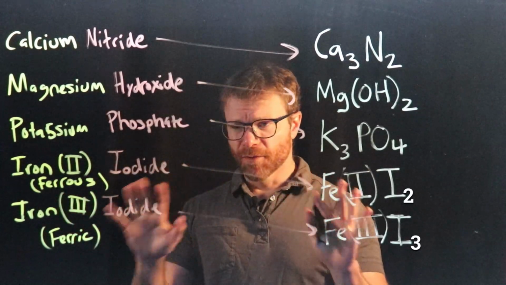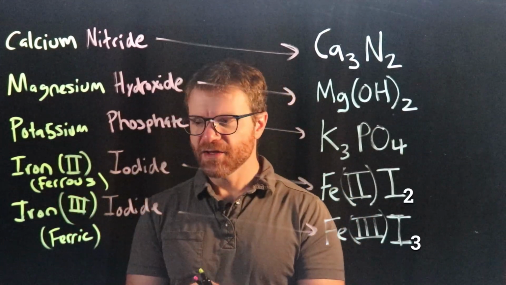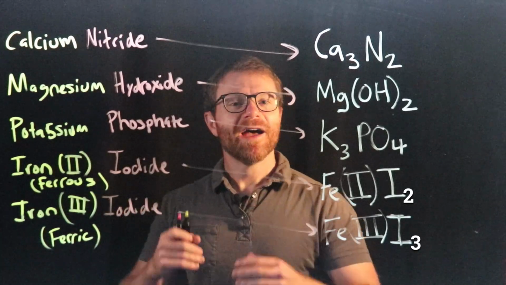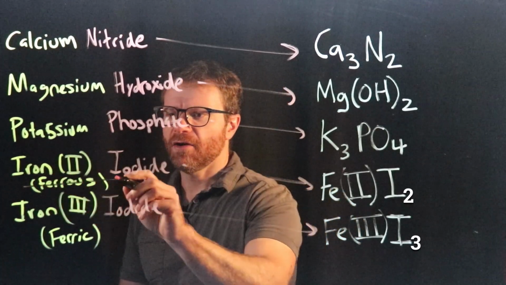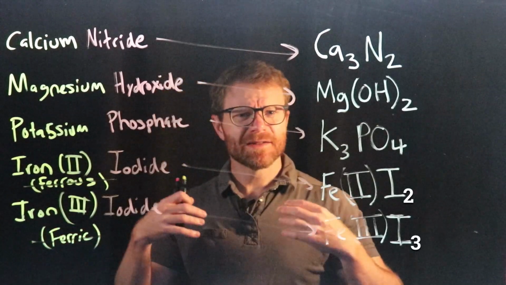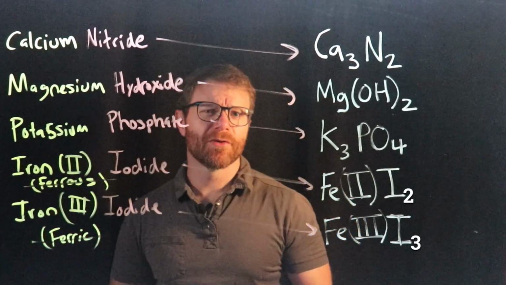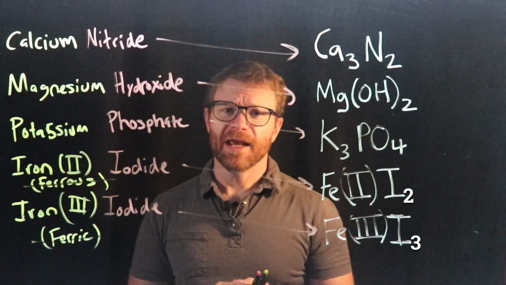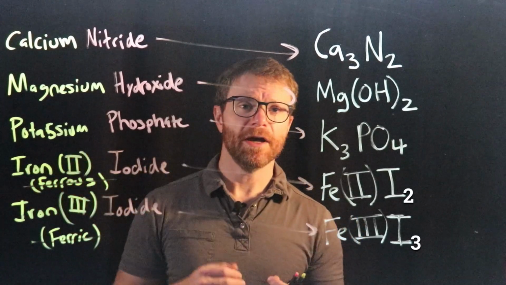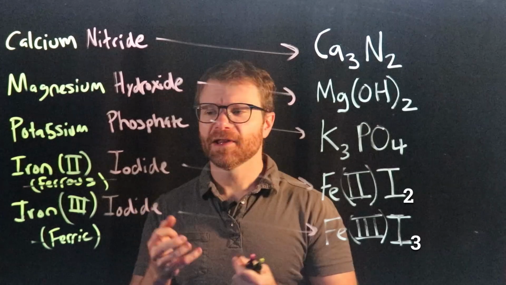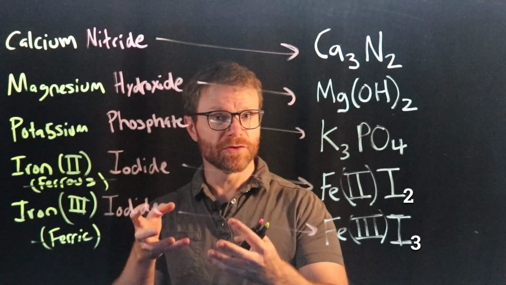Now, if you're my student, don't pay any attention to what I just said. In fact, most chemistry teachers nowadays, we don't use this convention at all, ferrous and ferric, because it's kind of complicated, it's hard to remember. In my opinion, it's a bit antiquated and old-fashioned. It's much better to just say iron 2 iodide. And I'm really telling you exactly what that oxidation state is, iron 2.